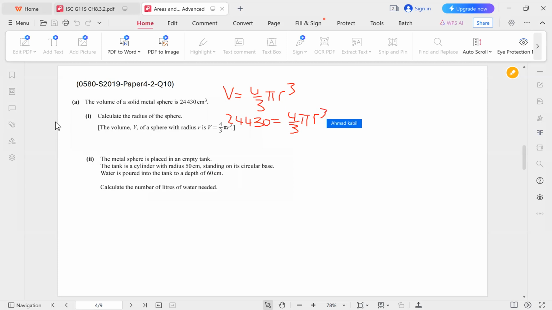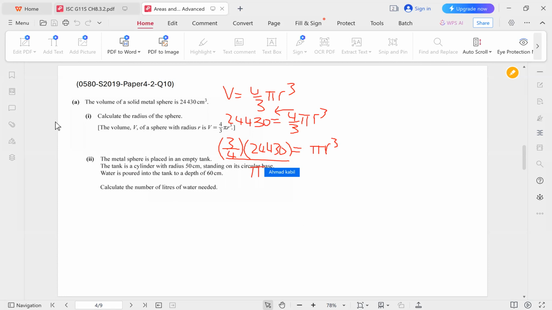We take the fraction to the other side. So we flip the fraction, we get 3/4 times 24,430. This is equal to pi r cubed. And then we divide by pi.